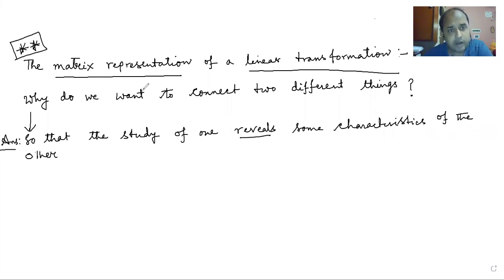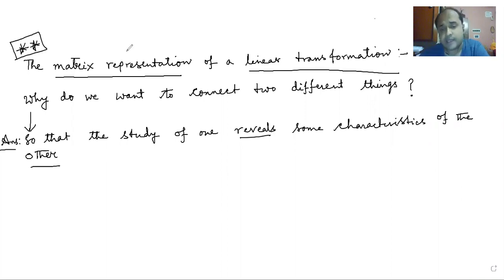So by studying matrix theory, we'll be able to know something about the linear transformation, or by studying linear transformation we'll be able to know something about the matrix. Okay, sometimes the study of matrix becomes easier.